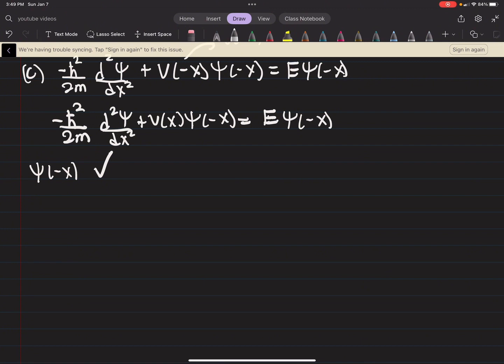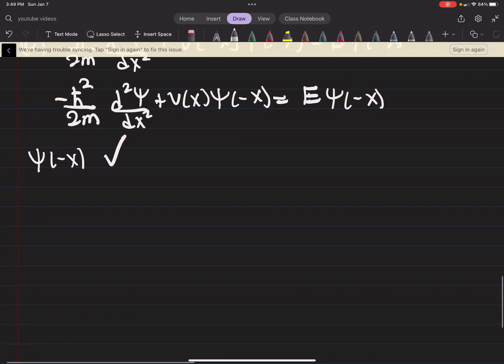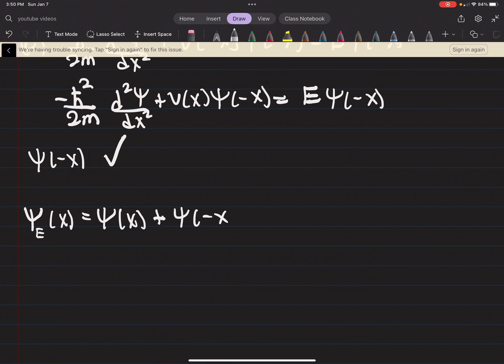And in terms of the linear combination of evens and odds, well, let's call psi e, for even, of x, psi of x plus psi of minus x.